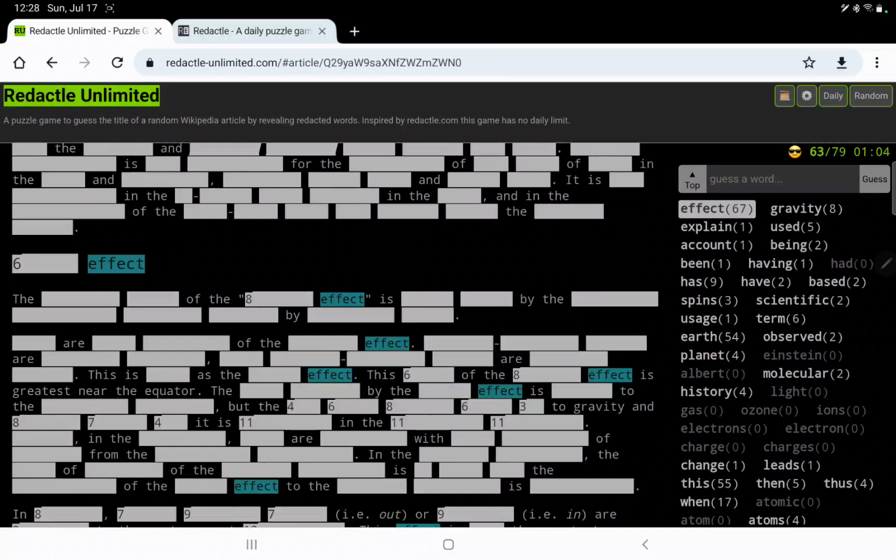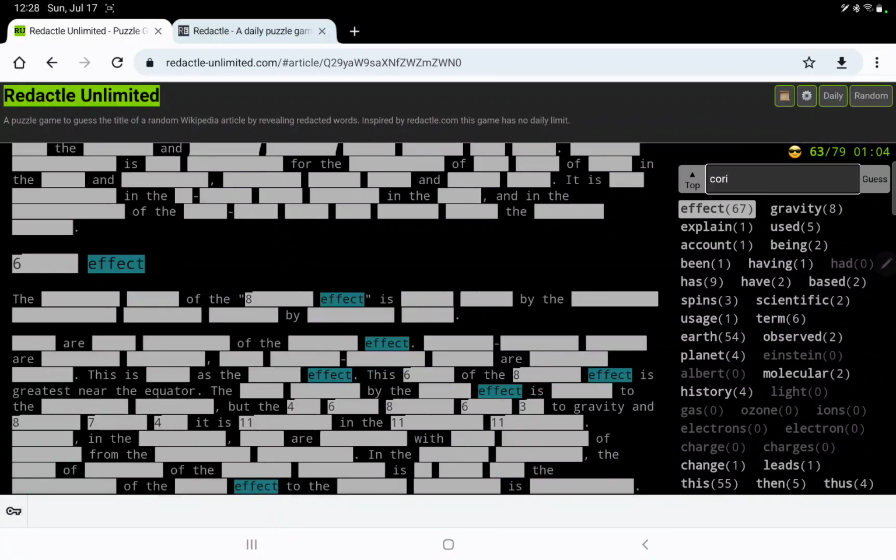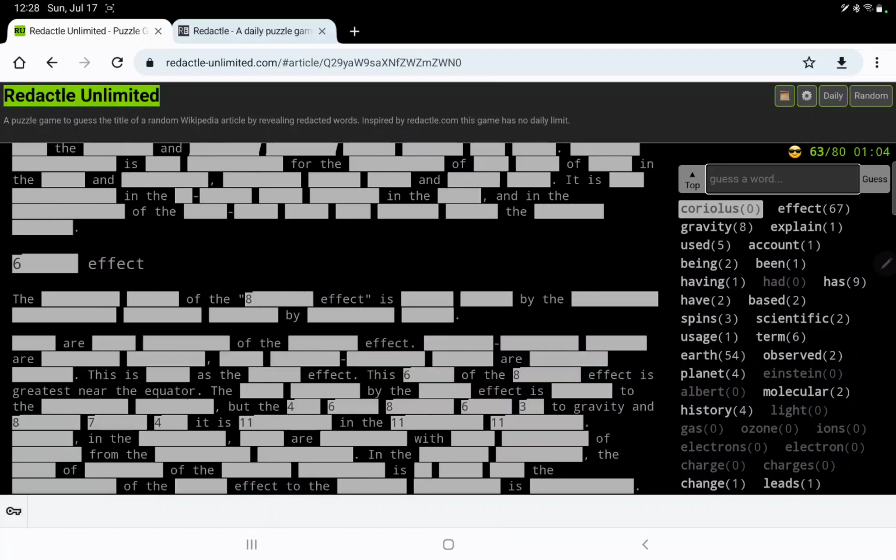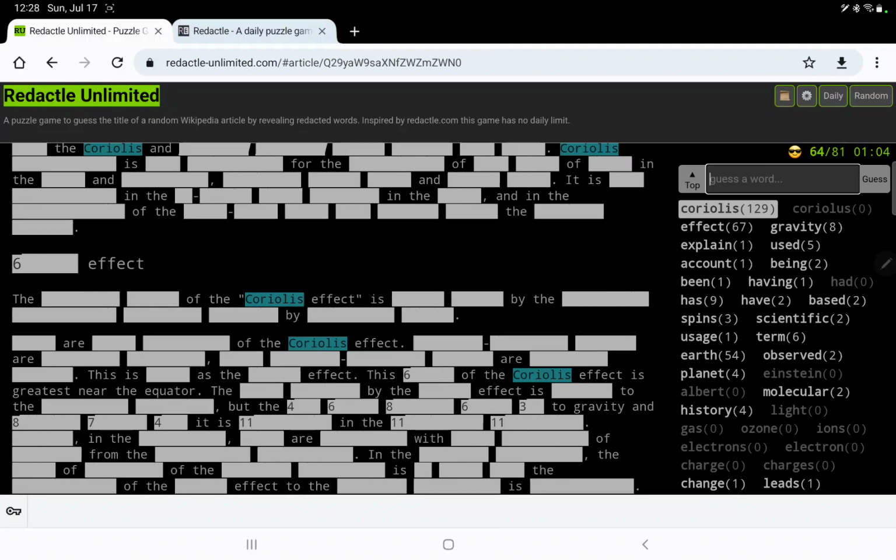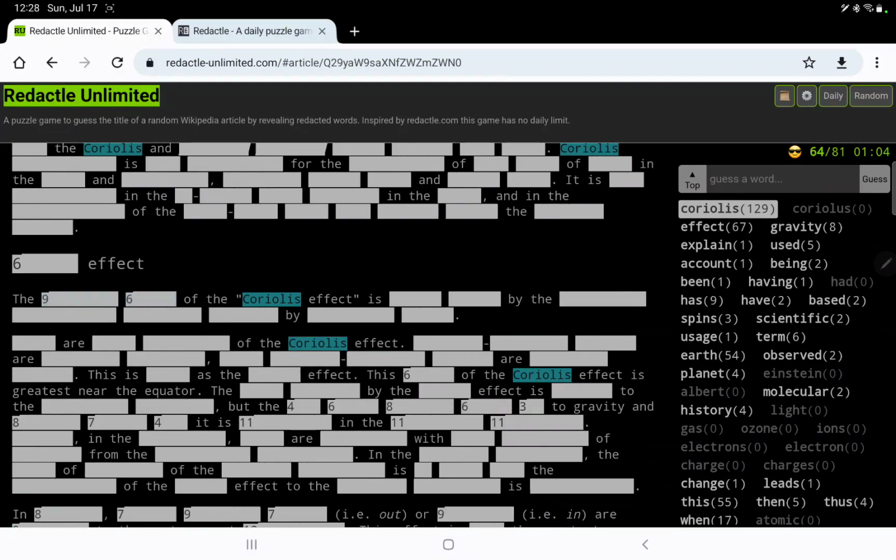What is that? Coriolis? Am I spelling this right? No, I'm going to check the spelling of that. No, it's IS, so Coriolis. Aha, there we go. The 9-6 of the Coriolis effect is 6, 6 by the 10, 12, 9, 8 by 10, 6.